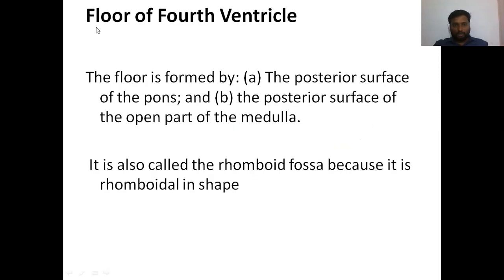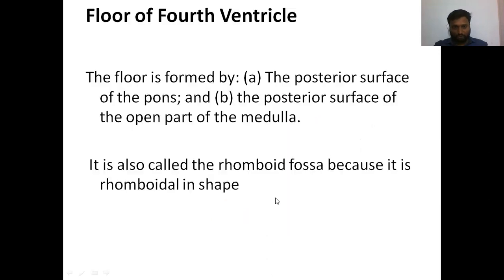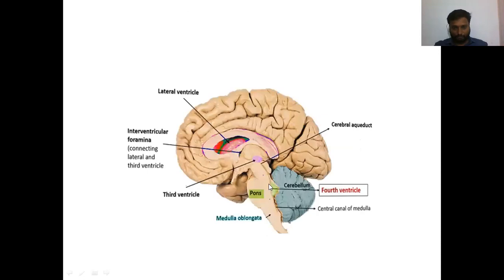Then I told you it is tent-shaped, so it has one floor and a roof. The floor is formed by the posterior surface of the pons and medulla.